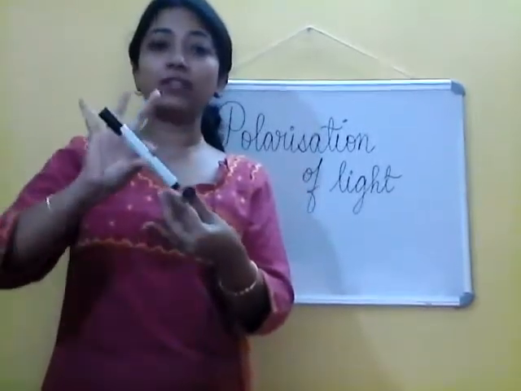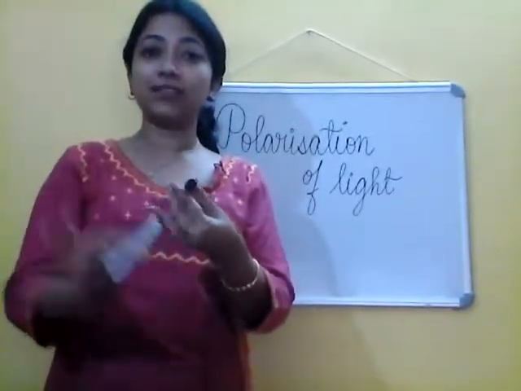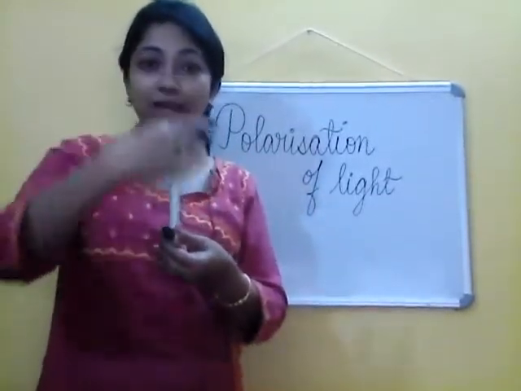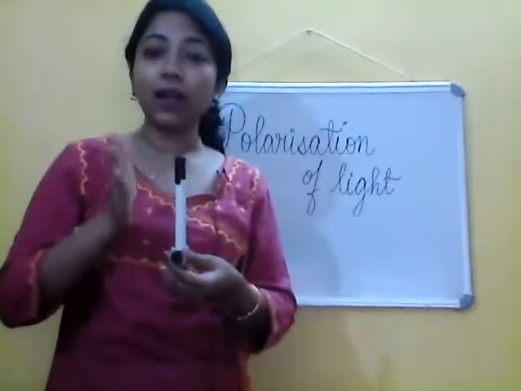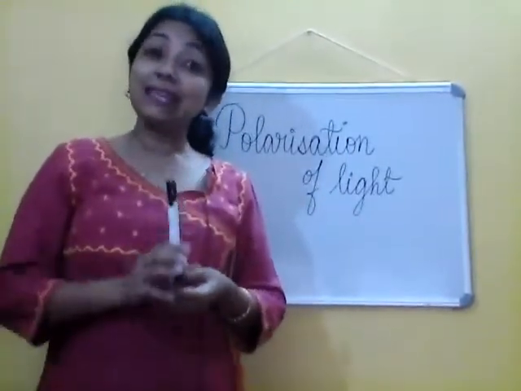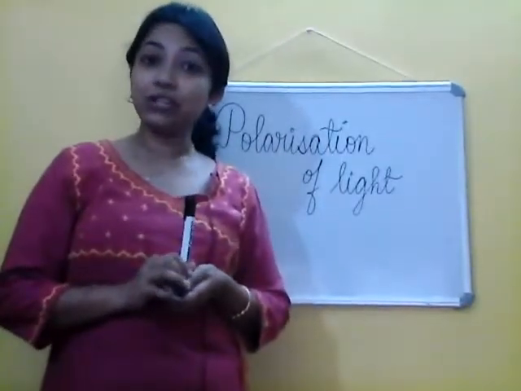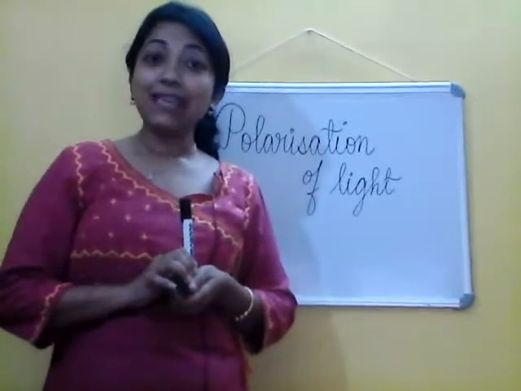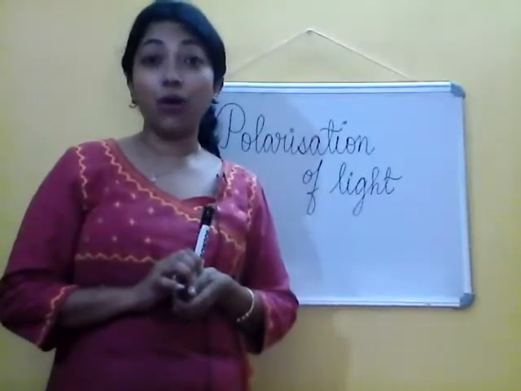There is no presence of this or this or this. So, which means I have been able to restrict the electric field vector along only one direction, along only one plane. This is called polarization of light. Are you following? This is called polarization of light.